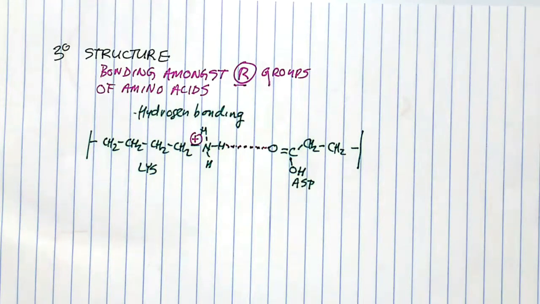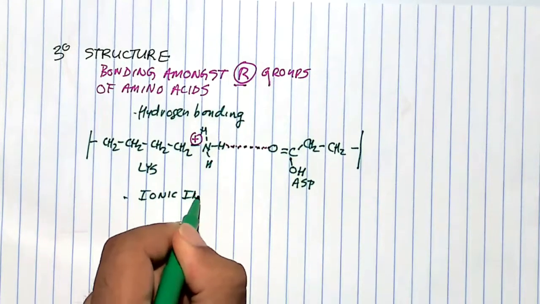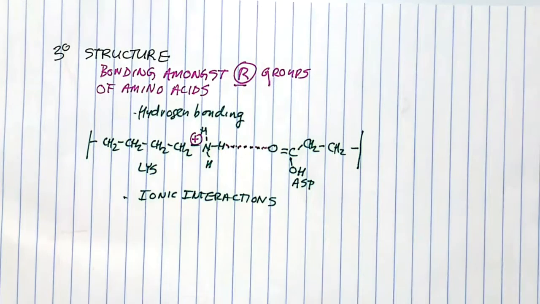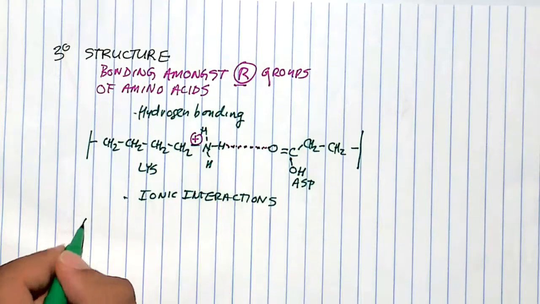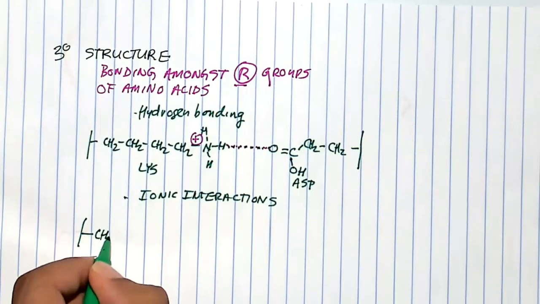Another example would be ionic interactions. Using these same examples again, maybe we're at a different pH. We can have an ionic interaction with the side chain of lysine.